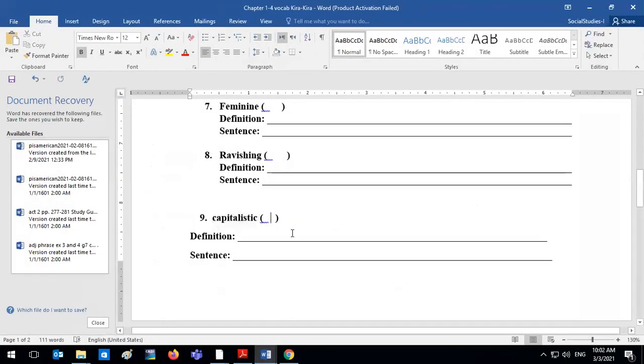Capitalistic is an adjective, and it refers to the idea of owning money and property and being a wealthy person. So we can say the capitalistic owner of the factory is a wealthy man. We describe him as capitalistic because he is rich.